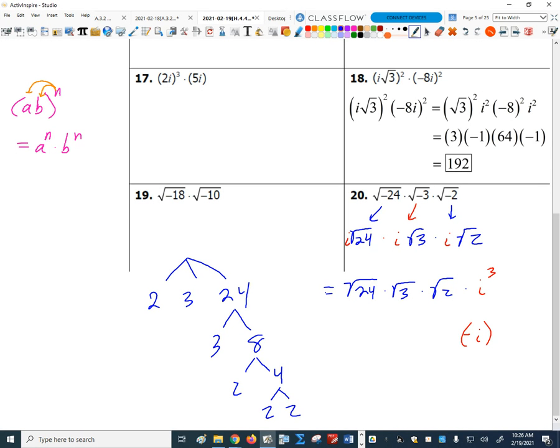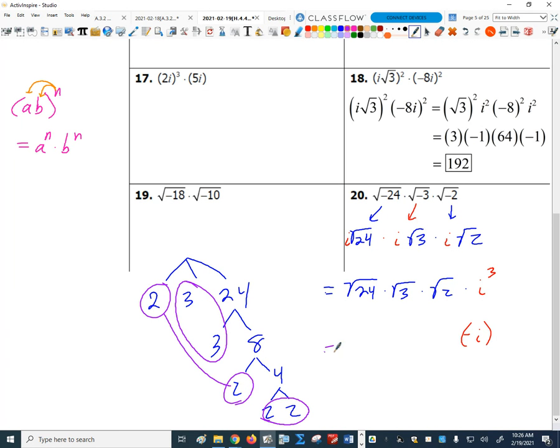Okay, so let's gather these up then. I've got a couple of 3s, a couple of 2s, and another couple of 2s, right? So this simplifies the square root of 24 times the square root of 3 times the square root of 2. I've got only couples, right? So I don't get anything stuck in the radical. Outside, I'm going to get 3 times 2 times 2, a couple of 2s, right?